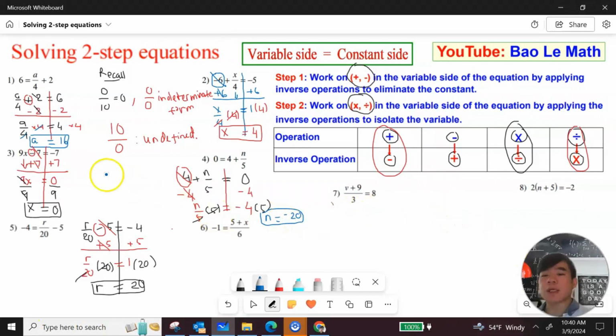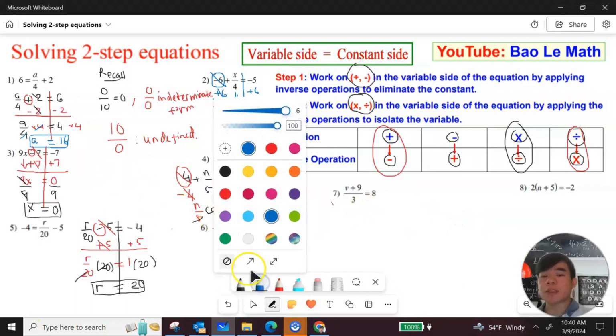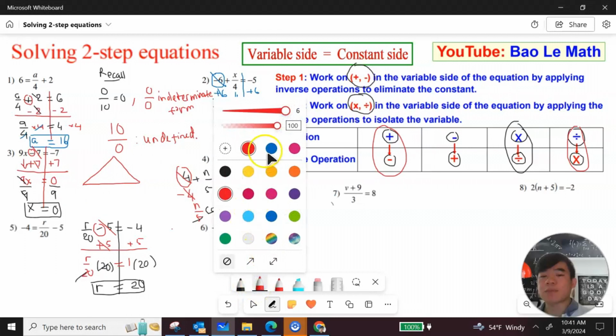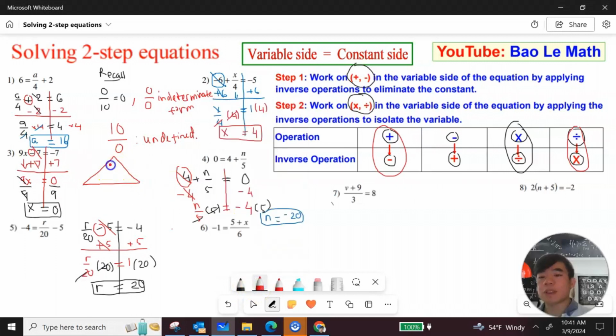Alright, here's the trick. If you're struggling with multiplication of integers, I have the triangle trick right here. Keep that in mind. You always put the plus side right here, and this is the minus side right here.